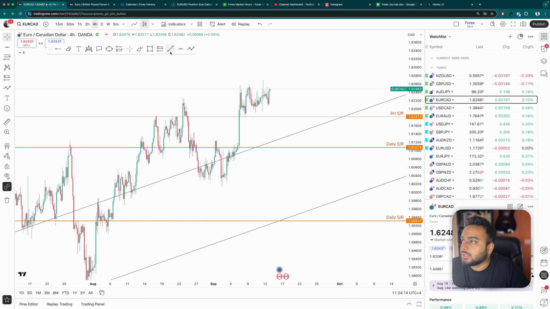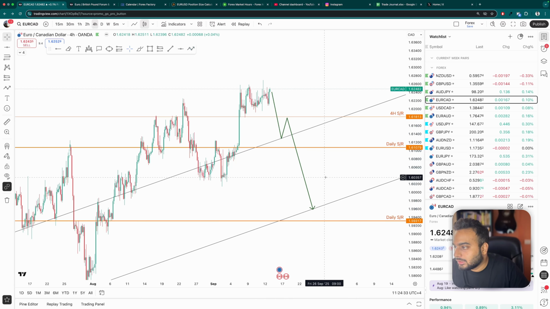Let's delete this. I want price to break this support. Okay, go around, retest, and then push again deeper. Then I'll take a trade till my trend line.